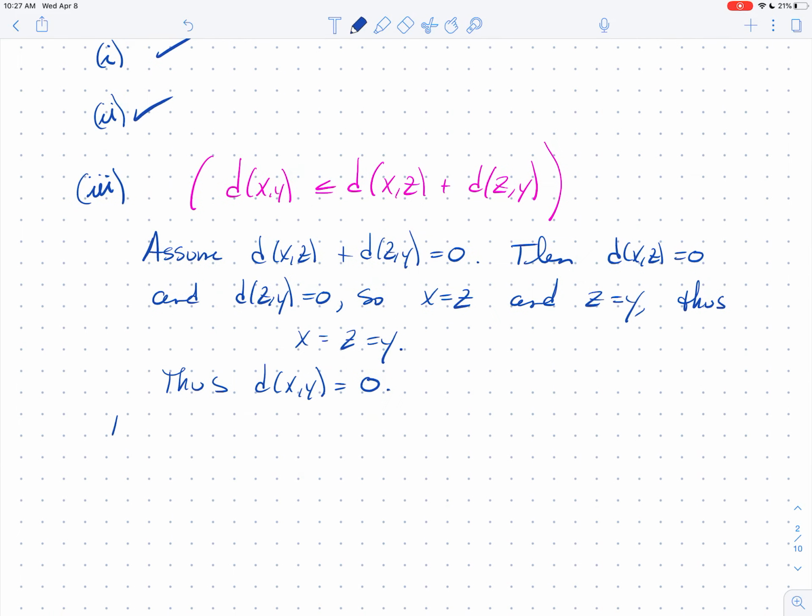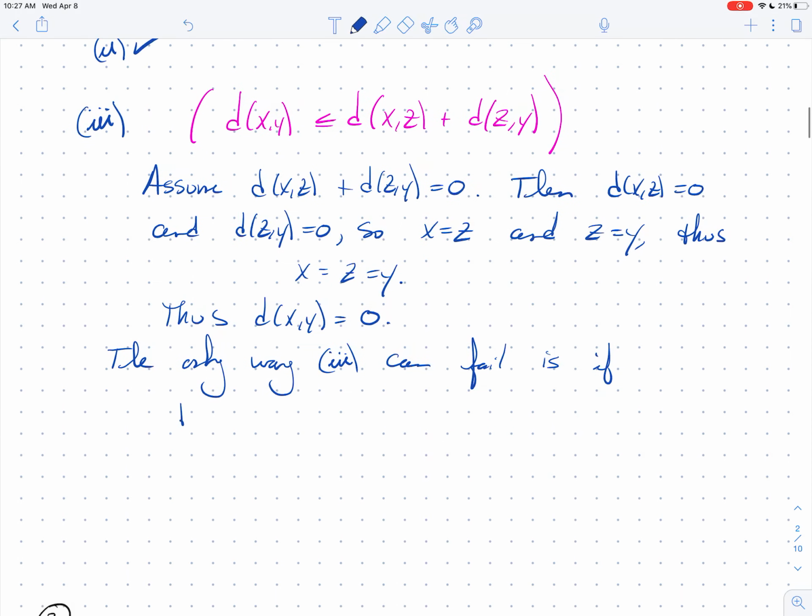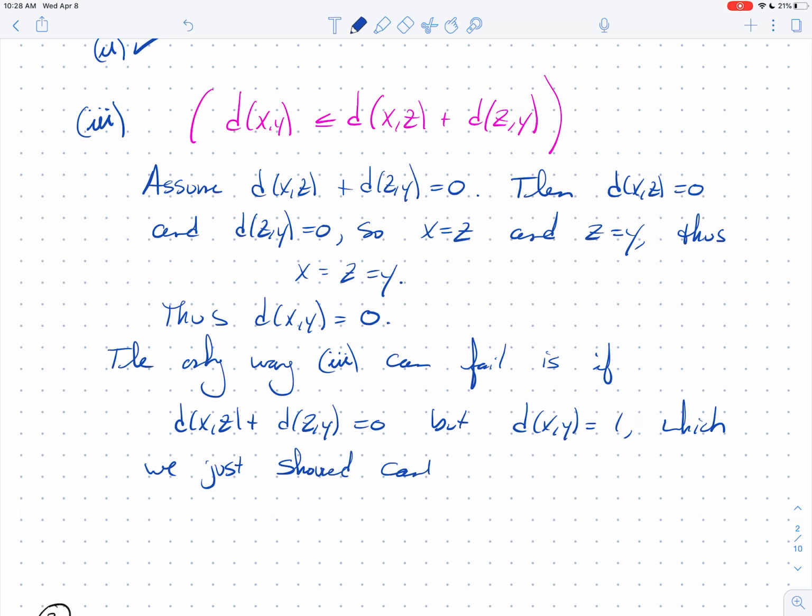So we can say the only way that 3 can fail is if the right side equals 0, but the left side equals 1, which we just showed can't happen.